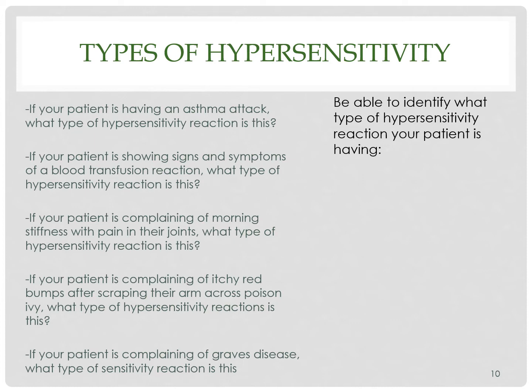Okay, so number 3, if your patient is complaining of morning stiffness with pain in their joints, what type of hypersensitivity reaction is this? Okay, well, what does it sound like? Rheumatoid arthritis, very good, yes. So type 3 is going to be immune complexes. This is going to be an abnormal immune response due to the accumulation of immune complexes, or your antibody-antigen reactions.